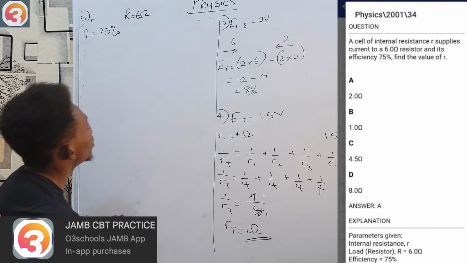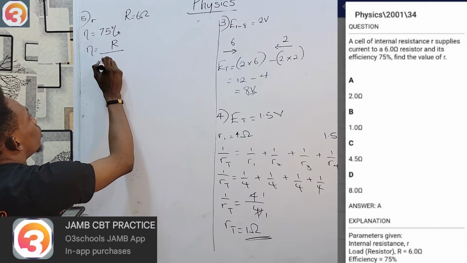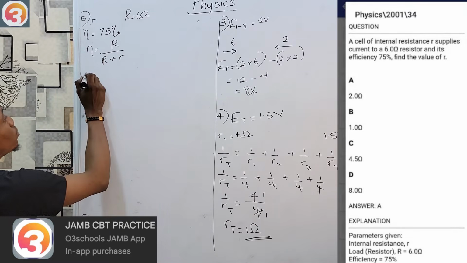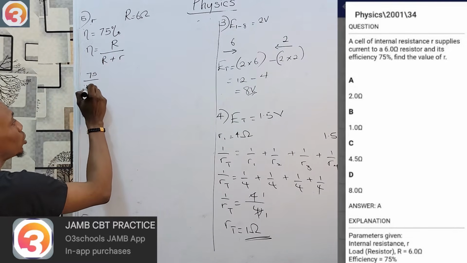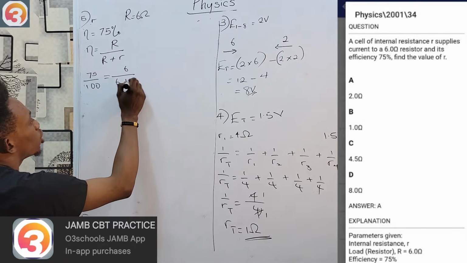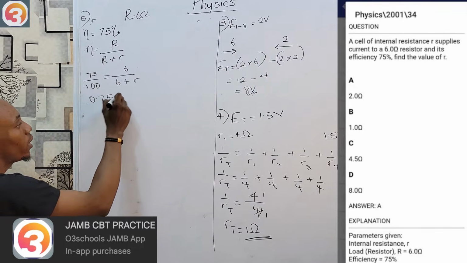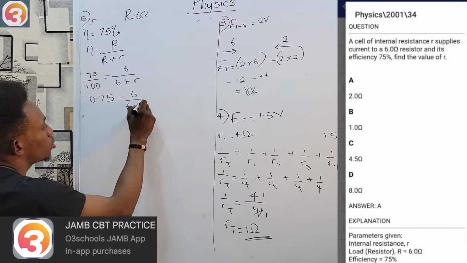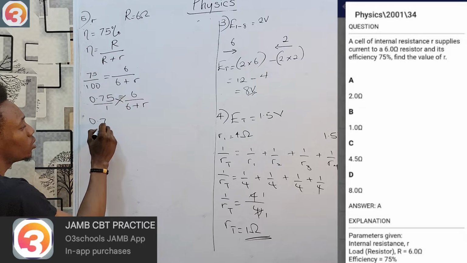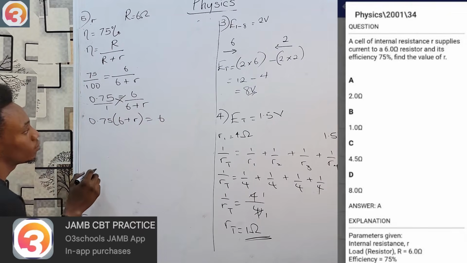As we stated in the lesson, we know the efficiency of a cell is external resistance over external resistance plus internal resistance. So that means 75%, which is 75 over 100, will be external resistance 6 over 6 plus R. That means 0.75 equals 6 over 6 plus R. And then we'll cross multiply. 0.75 into 6 plus R equals 6.